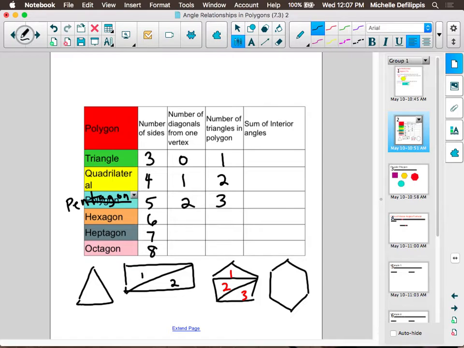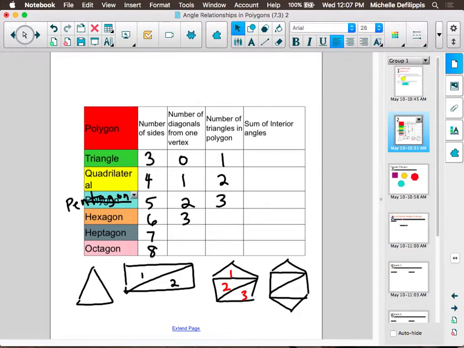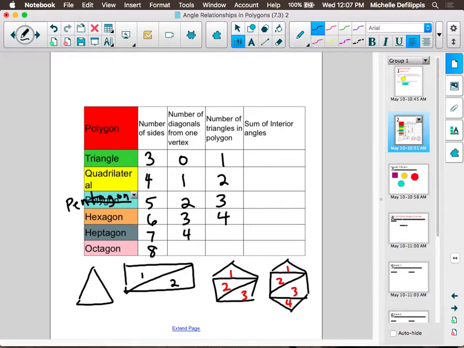Draw diagonals from a vertex. Well, how many can we draw? 1, 2, 3. And how many triangles are there? 1, 2, 3, and 4. So you see the pattern, and that continues on to 4, 5, and 5 and 6.